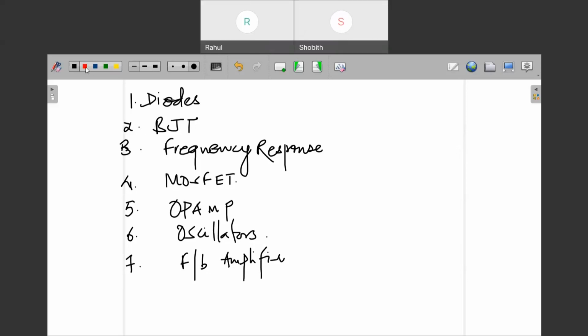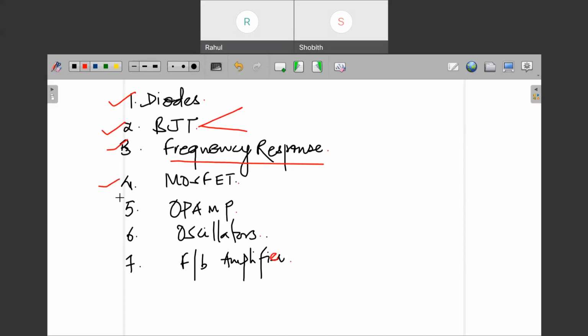Today's session is going to be very interesting because I'm not going to talk about the theory part of analog circuits. We will only take up problem solving. You will learn how to solve questions from these topics which I have listed: the diodes and the bipolar junction transistor, where we will discuss how to find the gain of any amplifier, and the frequency counterpart of the bipolar junction transistor.